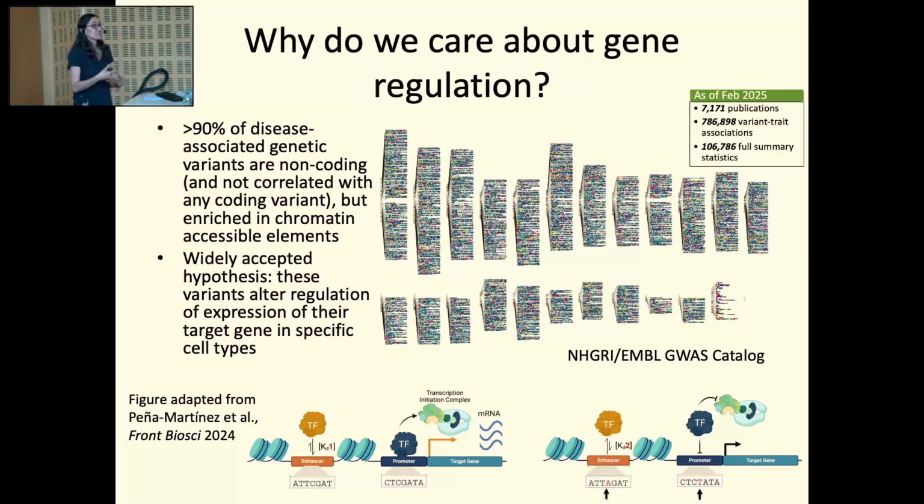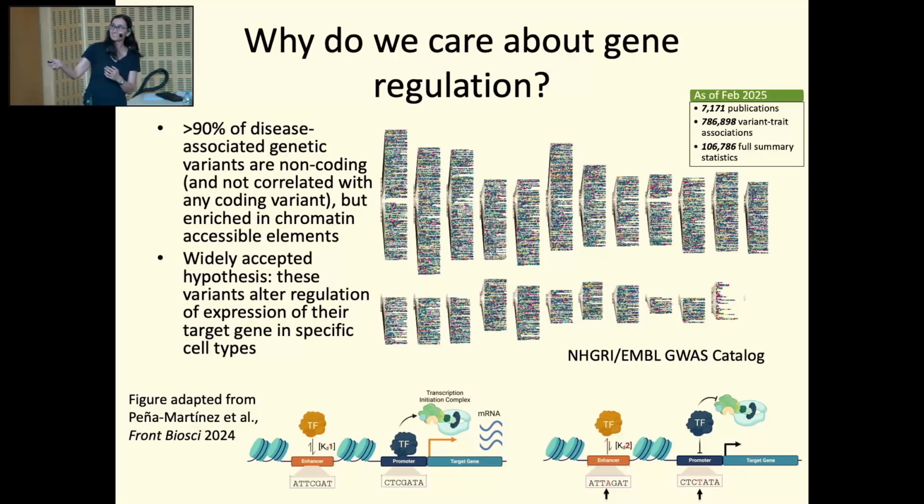So we have to understand gene regulation to understand how this genetic variation impacts disease, right? And if we can do that, then maybe that will give us some understanding and some target to go after, okay?